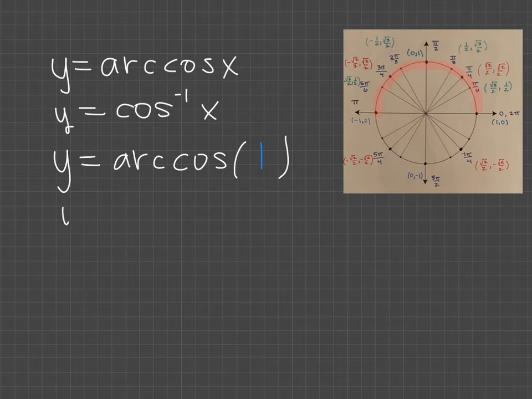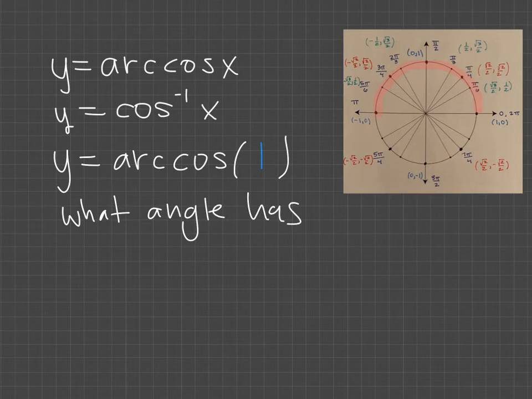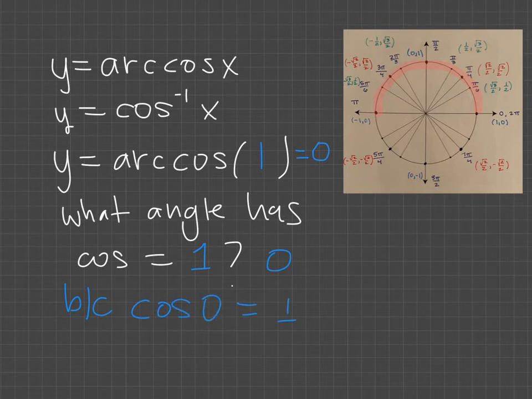So we're asking the question, what angle has cosine equal to 1? We can look at our unit circle, and we're just looking at these values of angles from 0 to pi. Cosine actually is going to be 1 when we have an angle measure of 0. Y equal to arc cosine of 1 is equal to 0, because the cosine of angle measure of 0 is equal to 1.